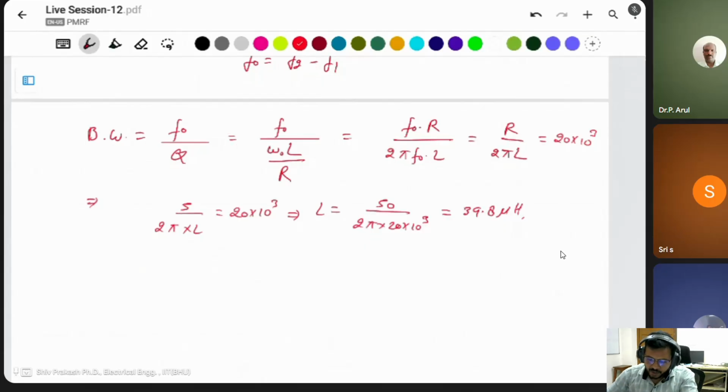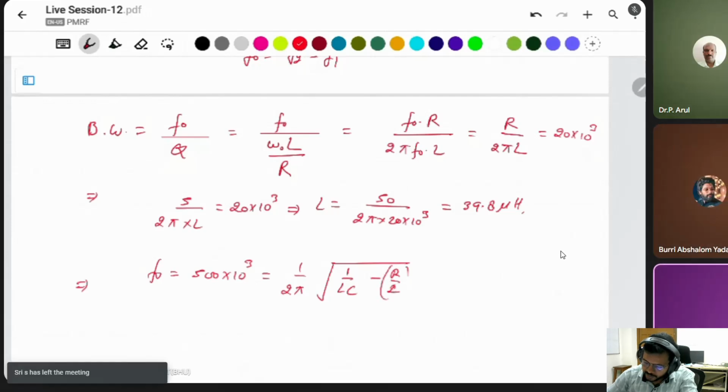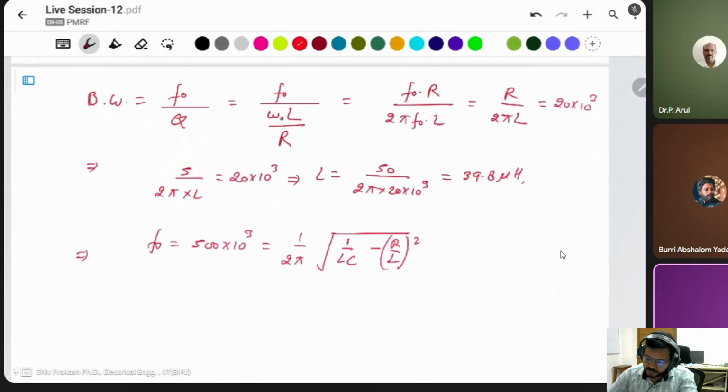Another thing given is the other frequency, 500 kilohertz. This will be 1 by 2 pi times the square root of 1 by LC minus R by 2L whole squared.